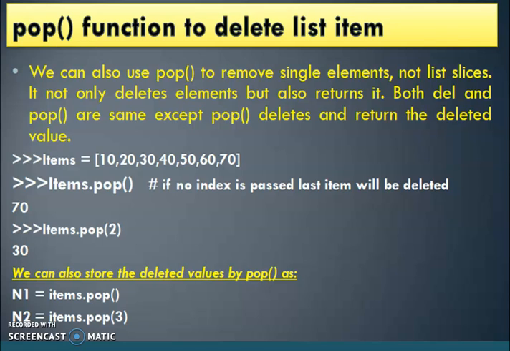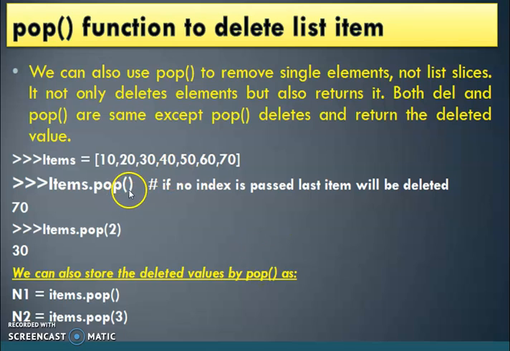See, this concept will be clearer after explaining this example. Here, items is equal to the same list given here. Then items.pop(). See, nothing is given, only brackets. That means if no index is specified, then the last element will be deleted.